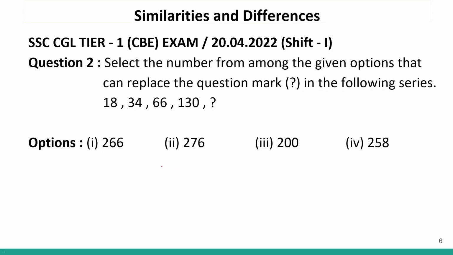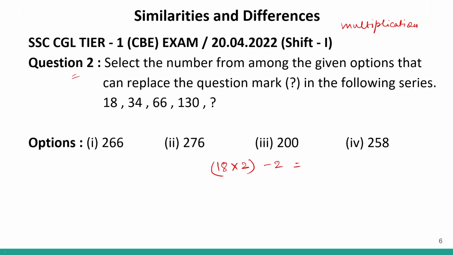Now let us look at question number 2. Over here we have 18, then 34, then 66, then 130. I told you that whenever you see such huge jumps in numbers, try to solve it using multiplication. Using multiplication, to reach 34, I would have to multiply 18 by 2 and then subtract 2 from it.